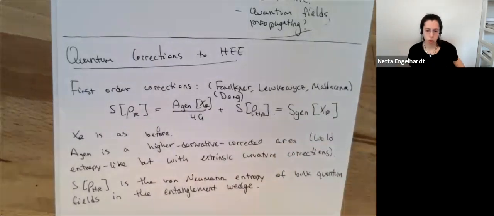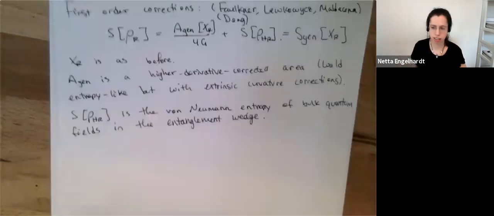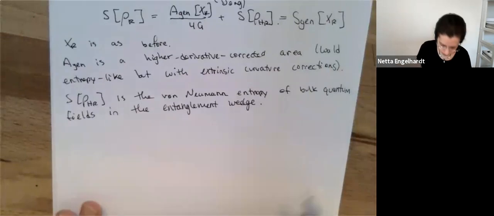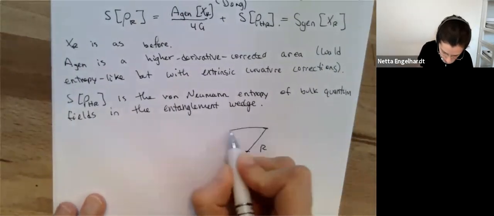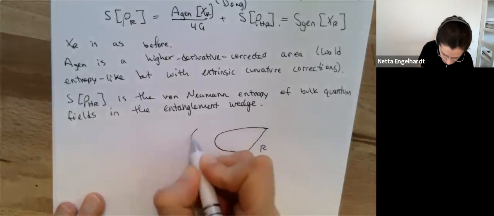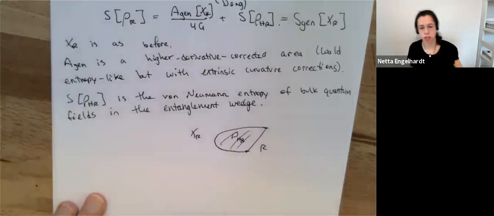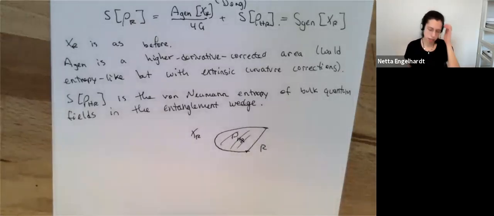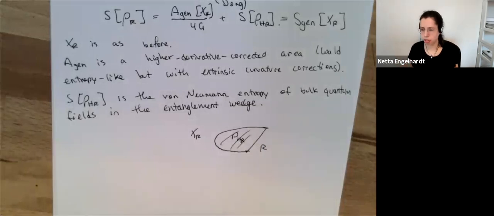Now, one question that you may or may not be worried about, so actually, let me draw a picture and then maybe you'll start worrying about it. So here's my region R, and I can draw my XR. My rho HR is evaluated here. Now, you might say, well, hang on a second. Before, all the divergences matched up, right?